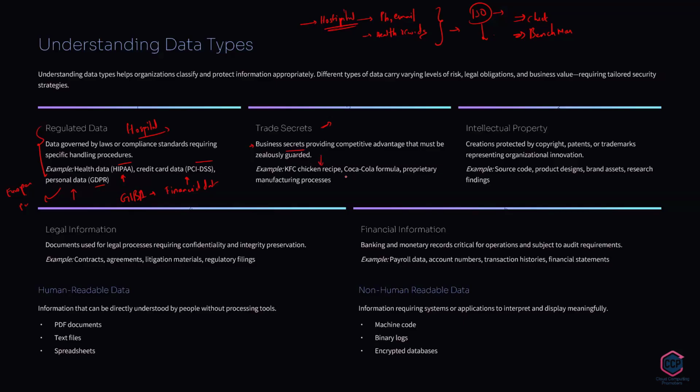See here, the KFC chicken recipe is a secret recipe that only authorized persons should have. Coca-Cola's formula is proprietary. There are many things, like many manufacturers also have their patented or their own secret formula. So that data comes under trade secrets.